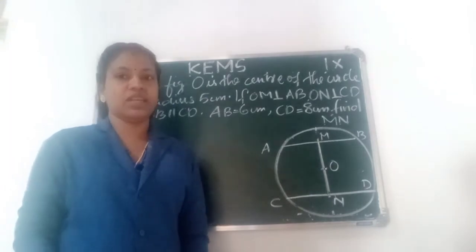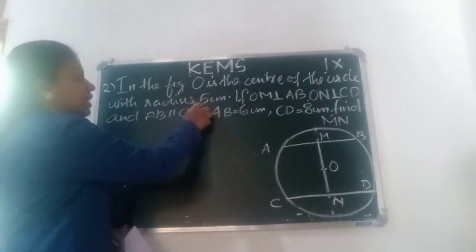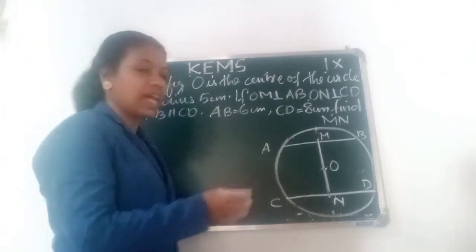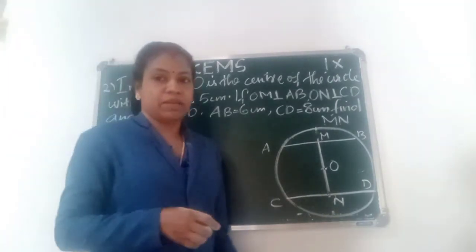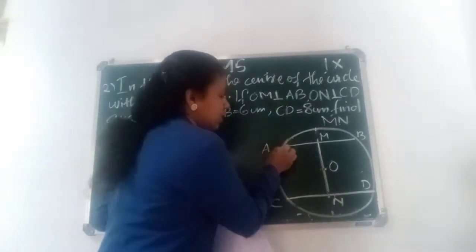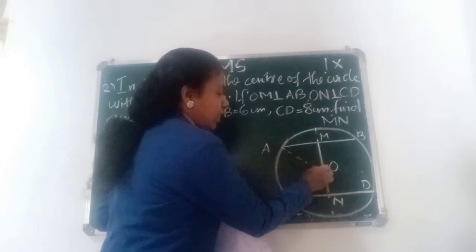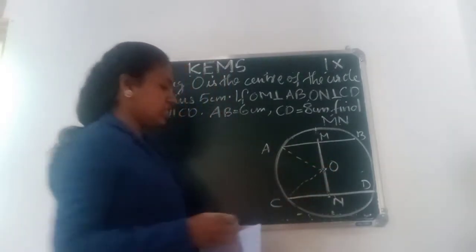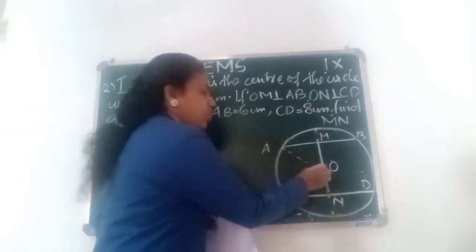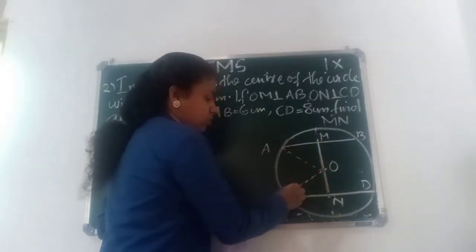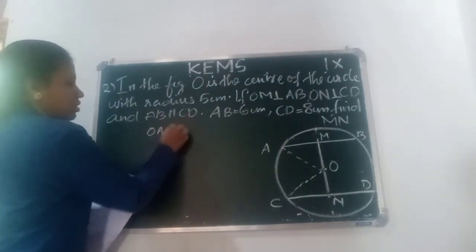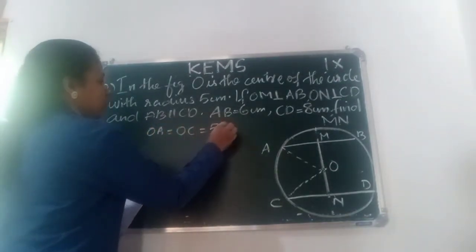Okay, that's the question. In the question, it is given that the radius is 5 cm. What is the radius? Radius is the line segment joining the center to any point on the circle. So just draw this. OA is one of the radii and OC is another radius. Just draw O to A and O to C. So it is given that OA equals OC equals 5 centimeter.